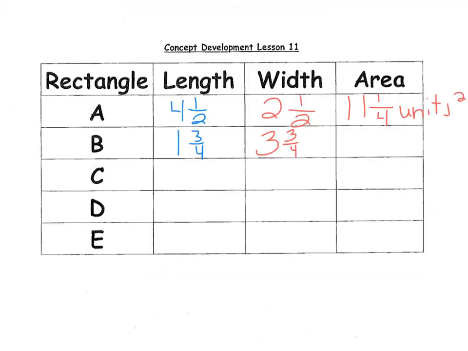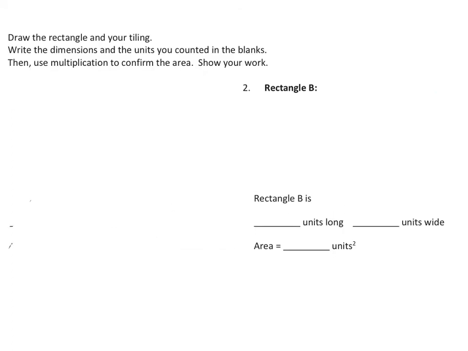So now I filled out my length and width in my chart. So now I'm going to sketch my rectangle B just so I can see what it is. So my length is really short, so it's 1 3/4. And my width is a little longer. So I know that is 3 3/4.